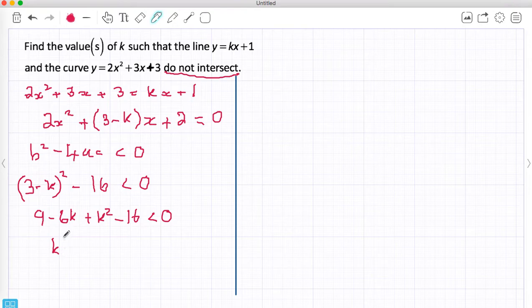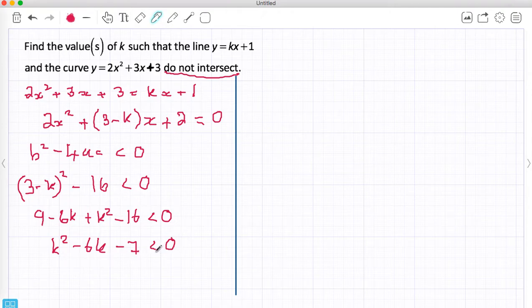Let's rearrange that. k squared minus 6k, 9 take away 16, is going to give me minus 7, is less than 0.